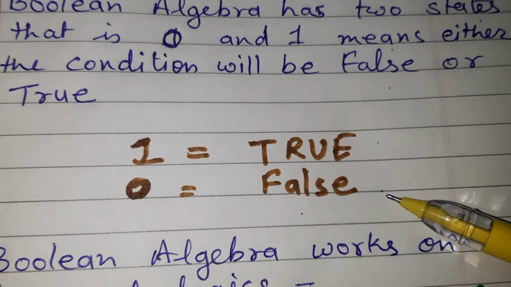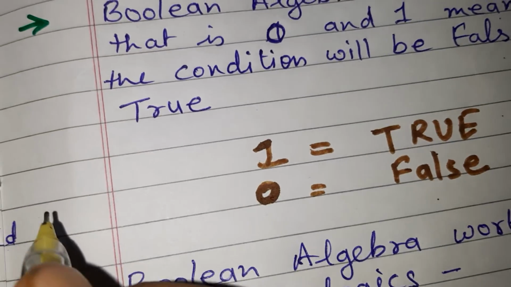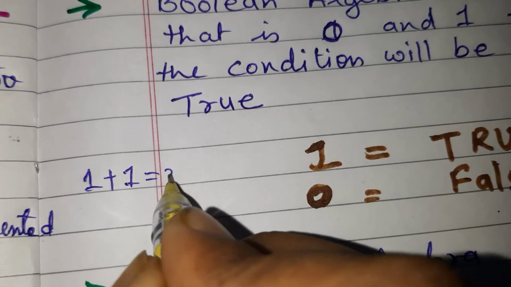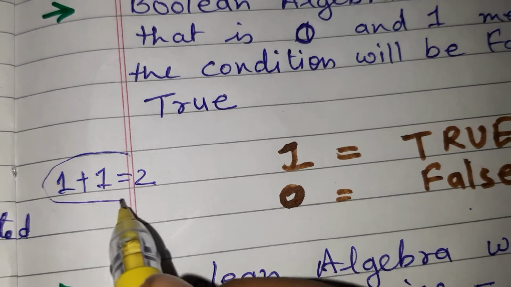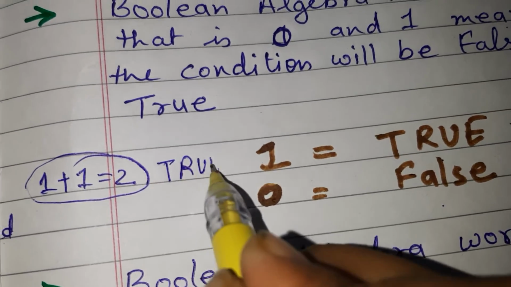True or false. For example, we can say 1 plus 1 equals 2. This will never change, therefore this is true logic.